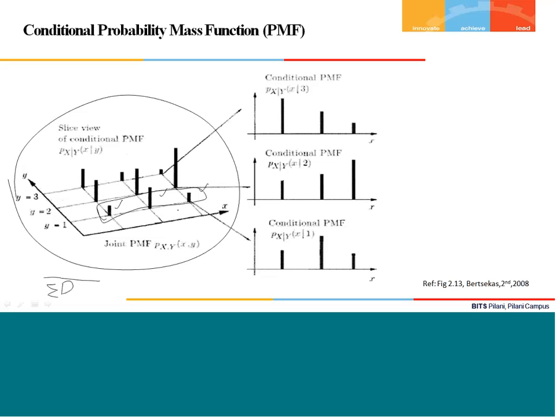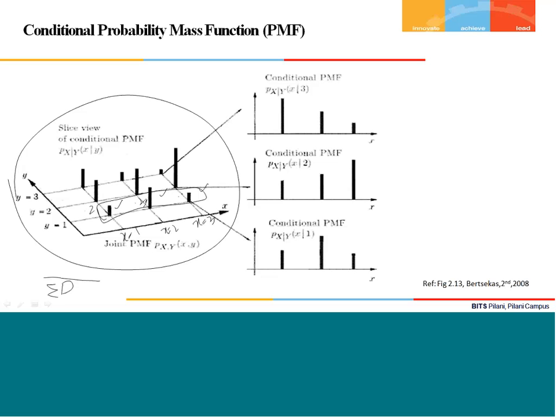And for each value of x, that is x equals 1, x equals 2, x equals 3, I am putting this value now. For an example, let's say this is 0.2, 0.3, and 0.2.